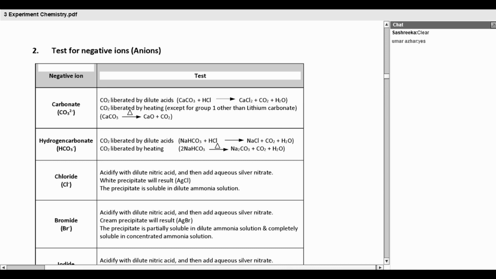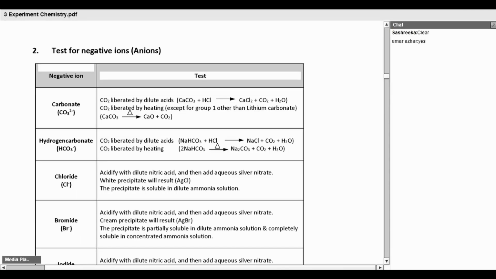That's how you test for carbon dioxide. Lime water is calcium hydroxide, and when you send carbon dioxide, it forms calcium carbonate, which is the milky color. So these are tests for carbonate. You can add any acid to a carbonate, or just simply warm to decompose.